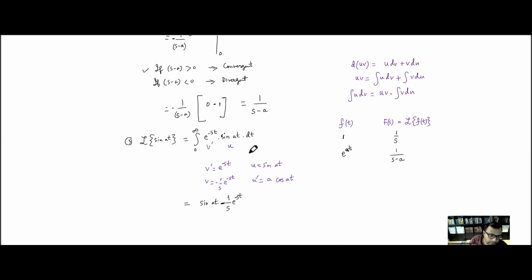And then this minus integral of v du. So v is minus 1 by s e to the power minus st, and u prime is a cos at, and this is integral from 0 to infinity.